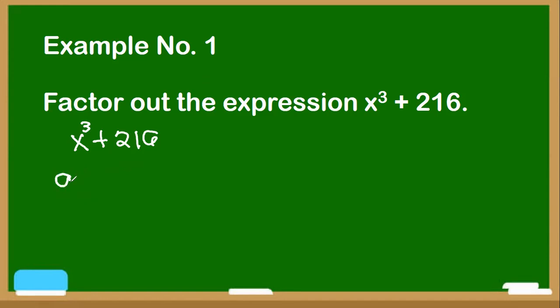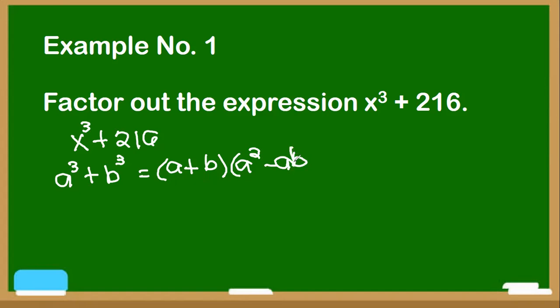Remember that for the sum of two cubes, a cubed plus b cubed, first get the simplest factor, a plus b. Then multiply it by the square of the first term, then the inverse product of a and b, so that's negative ab. Then square the last term. So this is true for the sum of cubes.